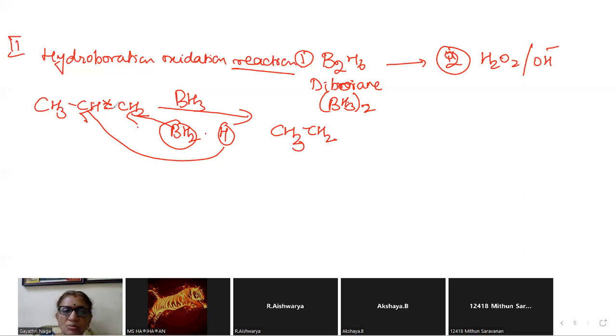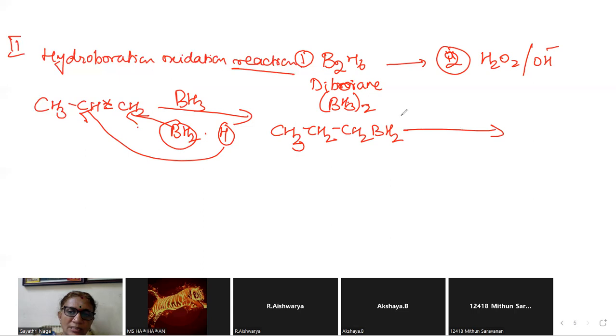Already one H is there, one more H, CH2, and another CH2 here at the end carbon, and to this you attach BH2. Now this will undergo addition reaction with propene as long as there is hydrogen here. So in the first step, one hydrogen is removed and connected to the alkyl part.